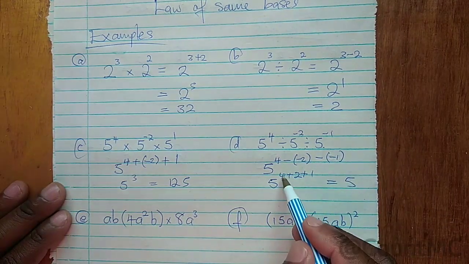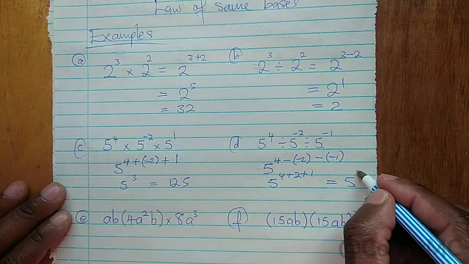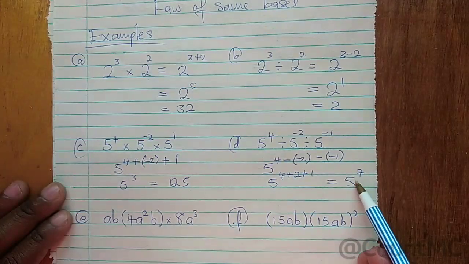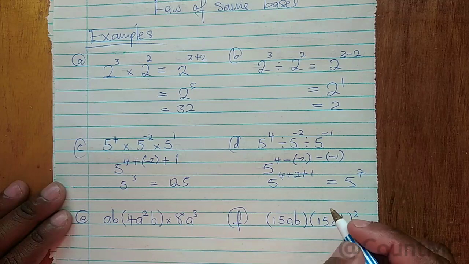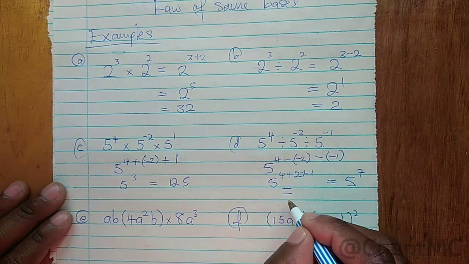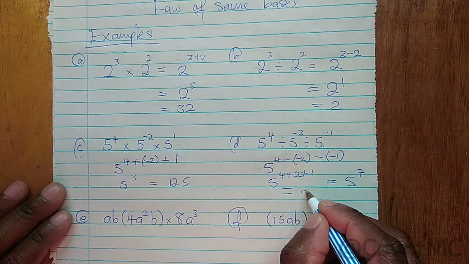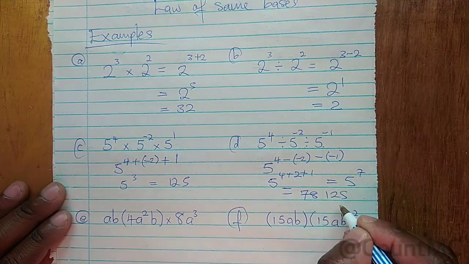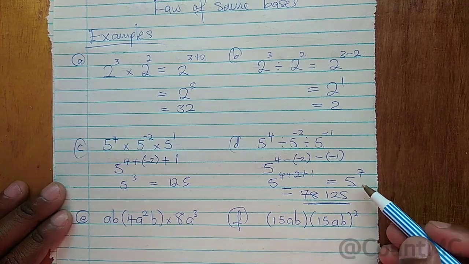So this will be 5 to the power 4, 5, 6, 7. 5 to the power 7. So you can leave it like this. Your answer is 5 to the power 7. Or you can simplify it and you get 78,125. But it's also acceptable to leave it like this.